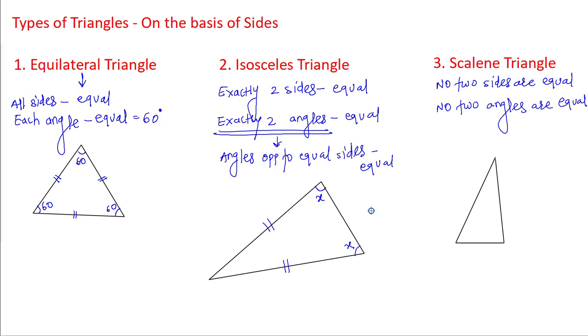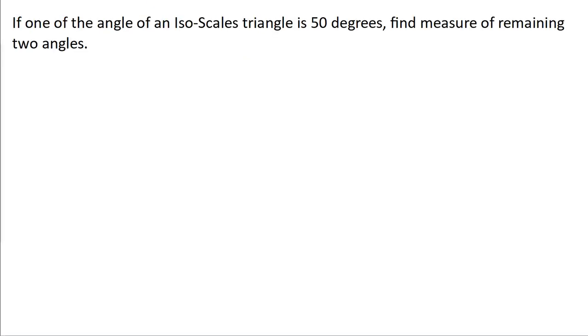Before we start with the types of triangles on the basis of angles, I would like to ask you a question. You can pause the screen and try to answer it. If one of the angles of an isosceles triangle is 50 degrees, find the measure of the remaining two angles.